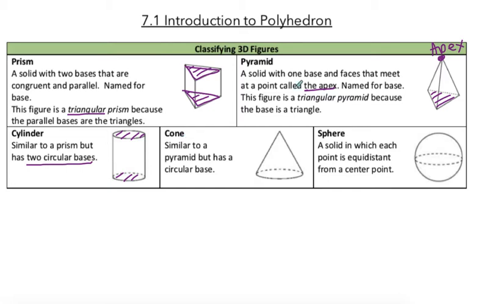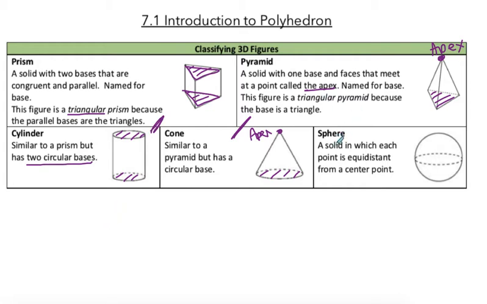The cone is similar to our pyramid, and this has a circular base. It kind of looks like a party hat or an upside down ice cream cone, but this tip-top spot is still called the apex. That's why these 2 are kind of similar and these 2 are kind of similar.